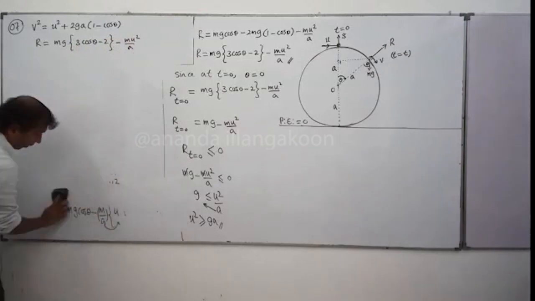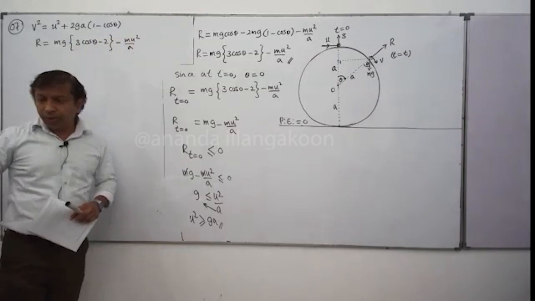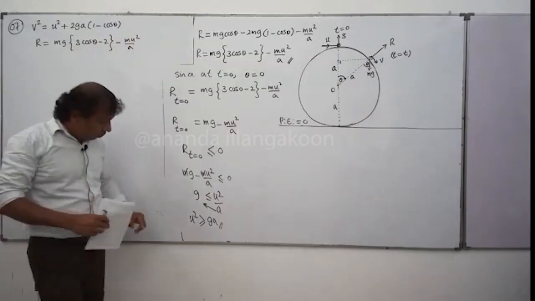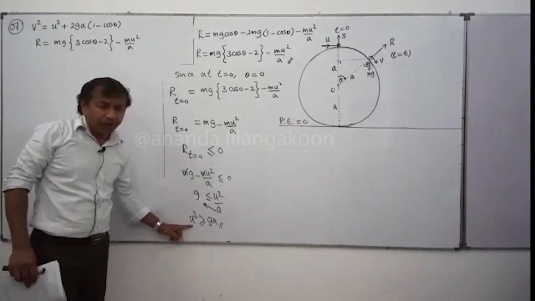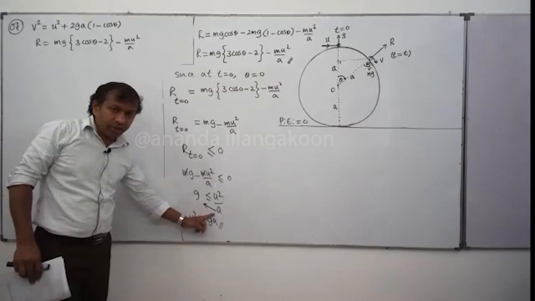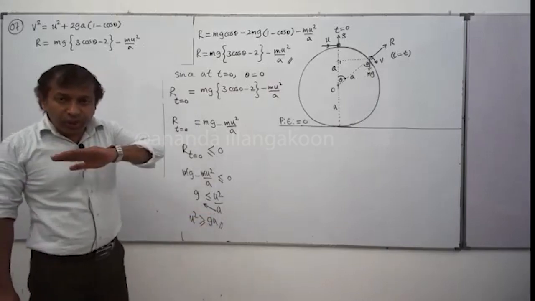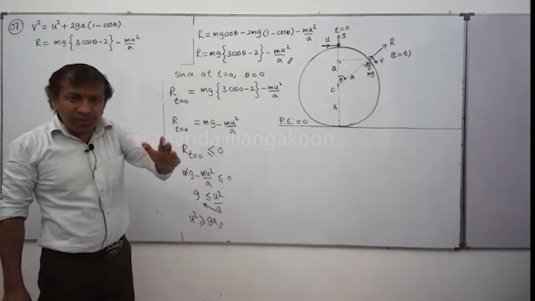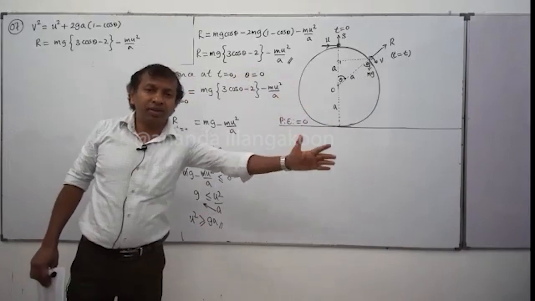Now, the next one. When you consider this condition, u is the initial velocity, and if its square is greater than or equal to ga, what happens? Without rolling over the surface of the sphere, the particle suddenly moves under gravity as a projectile.